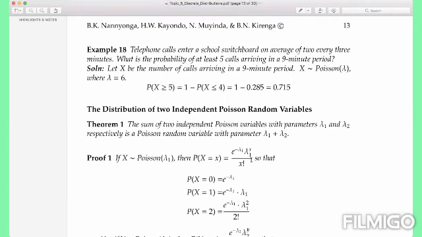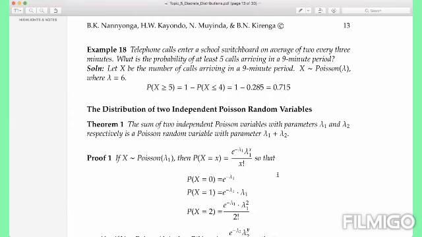Now, if I have two random variables that have the Poisson distribution, one with lambda 1 and the other lambda 2, then the distribution of the sum of those two random variables will also be Poisson with lambda 1 plus lambda 2. So kindly go through it, and convince yourself that this claim, in fact the theorem, is okay.